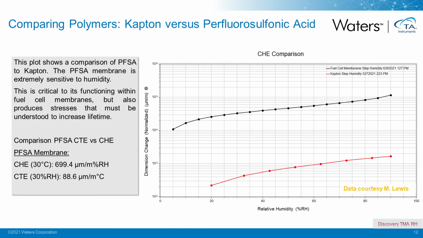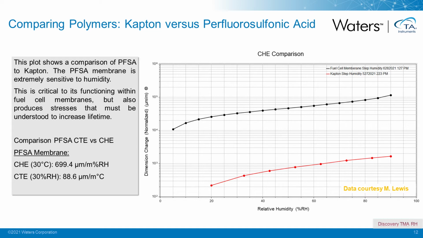take into account this very large increase in its dimension. And just as a comparison, you can see on the left-hand side, we have a comparison of the CHE versus the CTE of the PFSA membrane. So at 30 degrees Celsius, this membrane changes about 90 micrometers per meter per degree Celsius.